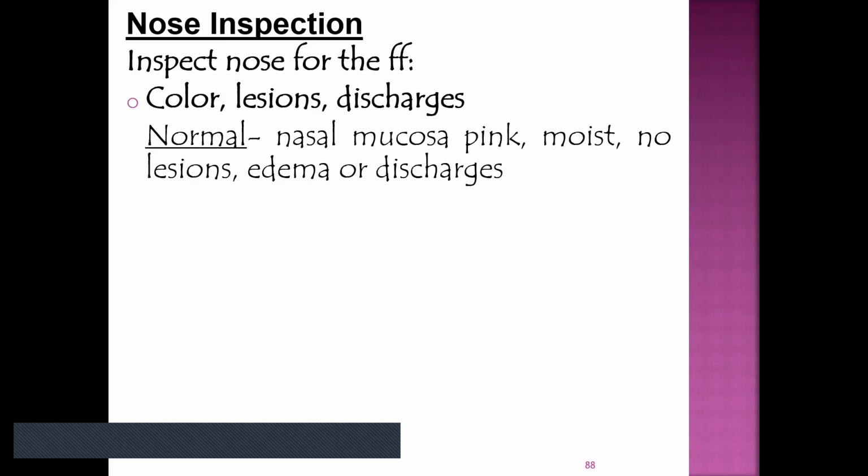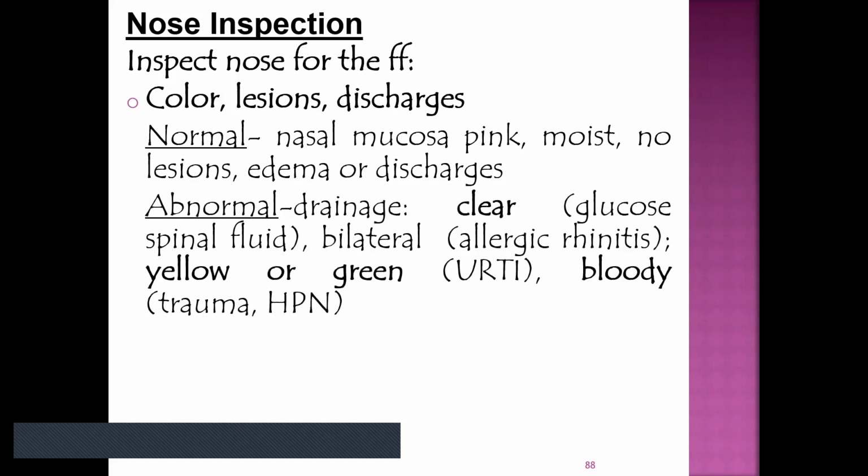Okay, what is normal is that the mucosa is pink. It's not red. It's not blackish. It's not dry. Okay, and that there are no thick discharges or even edema. What is abnormal is when it has discharges that have to be drained.